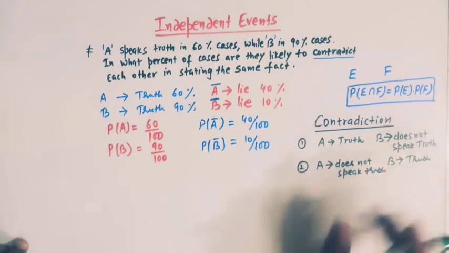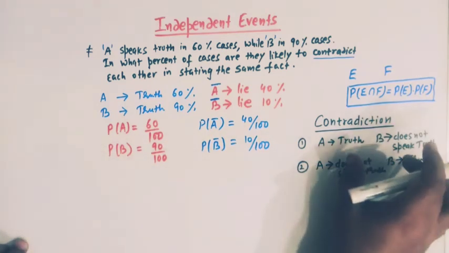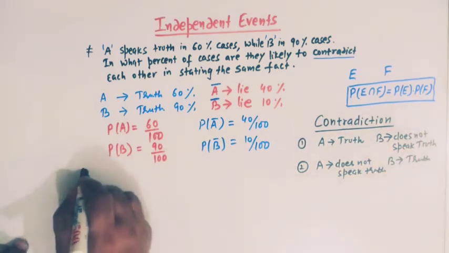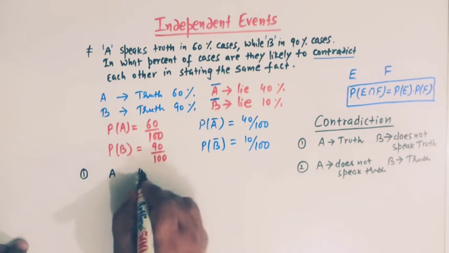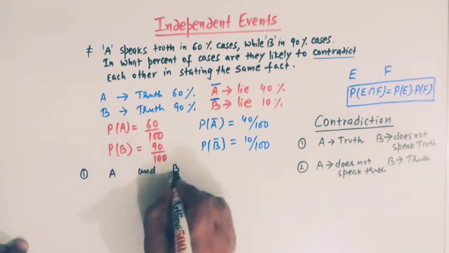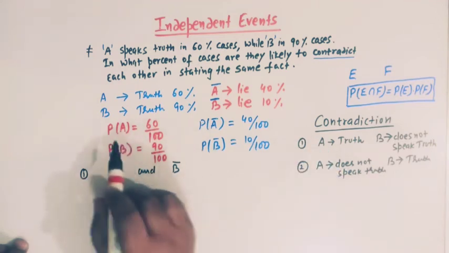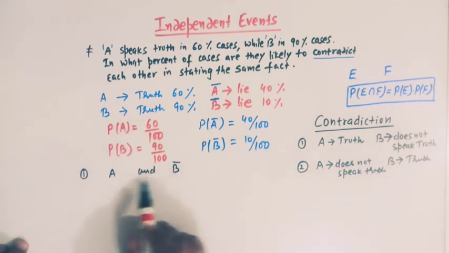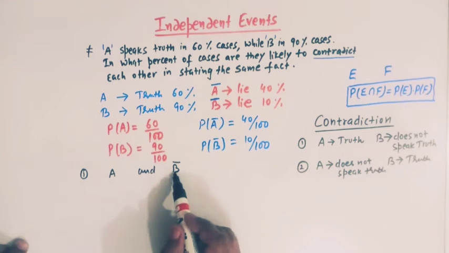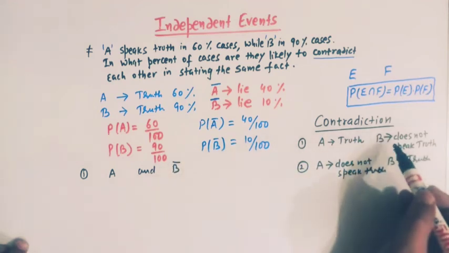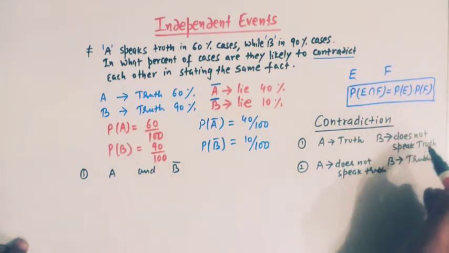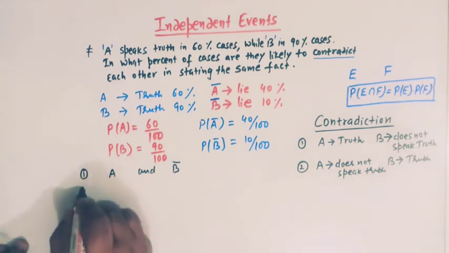Now these two conditions can be written as A and B bar, where A represents that A speaks truth and B bar represents the event that B does not speak truth.